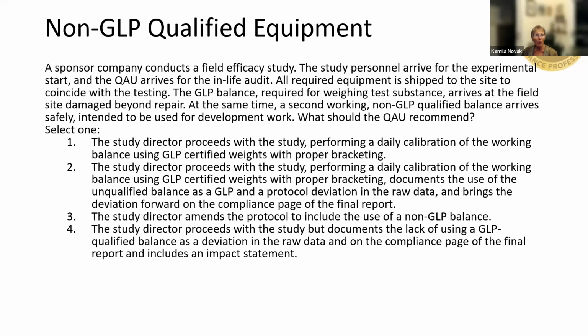Sometimes we think that the longest answer must be the correct one. It's not always the case. 3. The study director amends the protocol to include the use of a non-GLP balance. And finally, 4. The study director proceeds with the study but documents the lack of using a GLP qualified balance as a deviation in the raw data and on the compliance page of the final report, and includes an impact assessment.